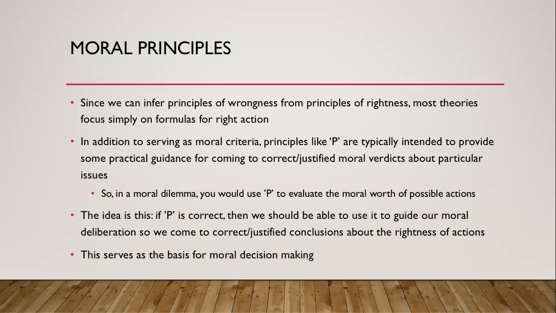That's fulfilling the practical aim of moral philosophy: when you're in a moral dilemma or a moral situation, you can use these theories to reason morally. They help you structure your reasoning so that you can come to some certain conclusion about what the right action is. It's the basis for moral decision making. It's almost mathematical. It's almost mechanical, if you want to think about it like that.